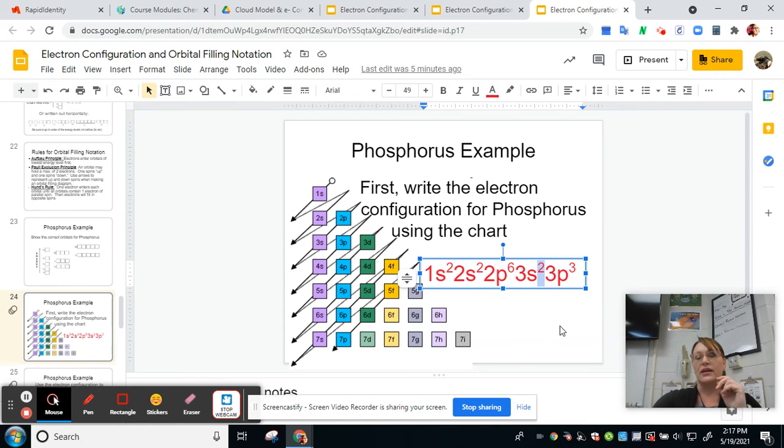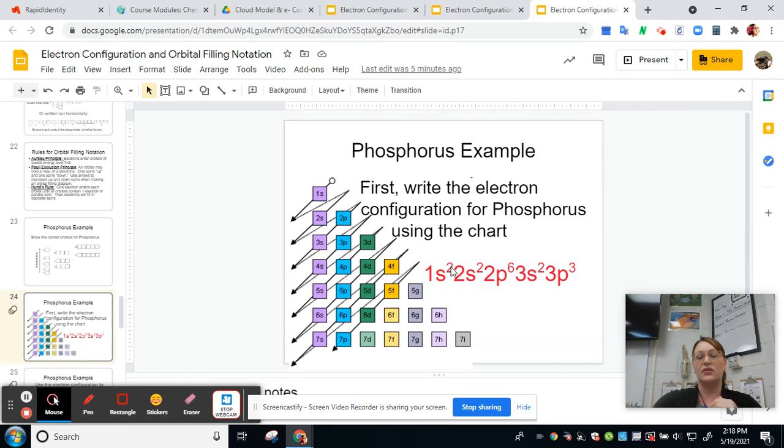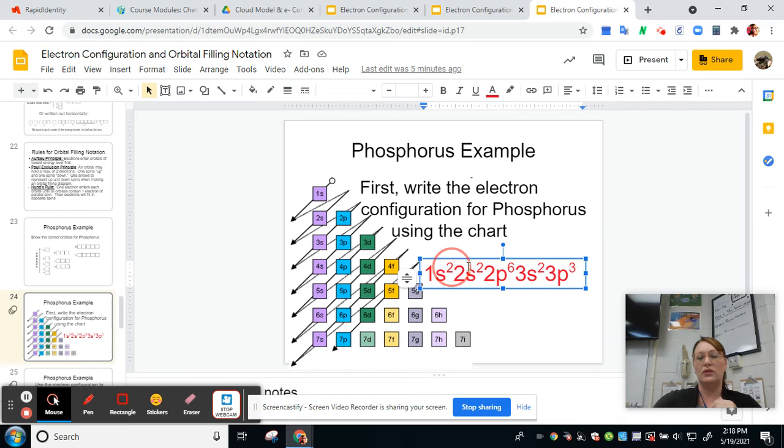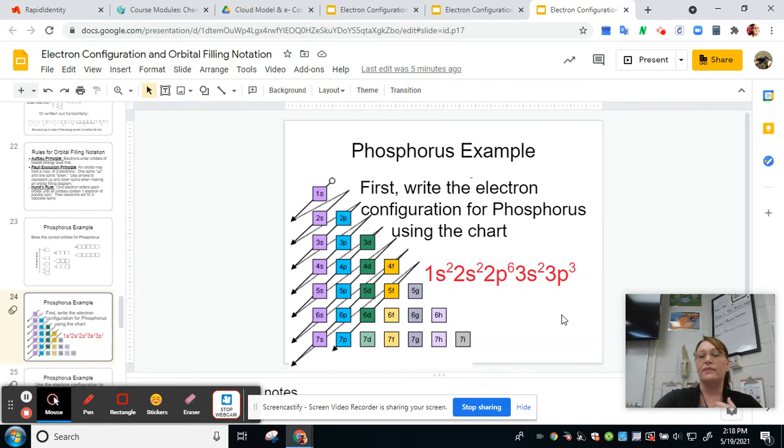So 2 electrons there. And then the next one is the 3p. It can hold up to 6, but remember, I only need 15 electrons. So if I count my electrons, here I have 2, here I have 2, here I have 6, here I have 2. Okay, so that adds up to be 12. So I don't need this P sublevel to be full. I only need 15 electrons, so I only need 3 more.